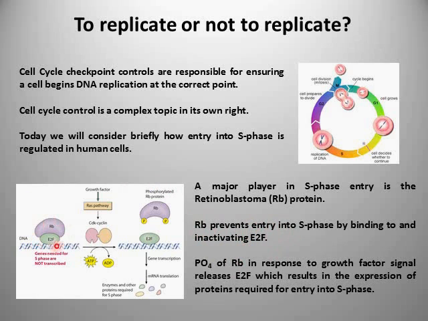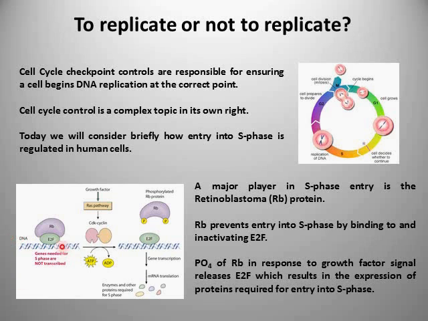So RB controls S phase entry by effectively inhibiting it in G1 phase cells. And it inhibits it by interacting with this other protein E2F, which is a transcription factor. Now E2F is a very important transcription factor. It's a transcription factor which is responsible for binding to and switching on expression of a whole range of genes which are required for DNA synthesis and S phase entry.